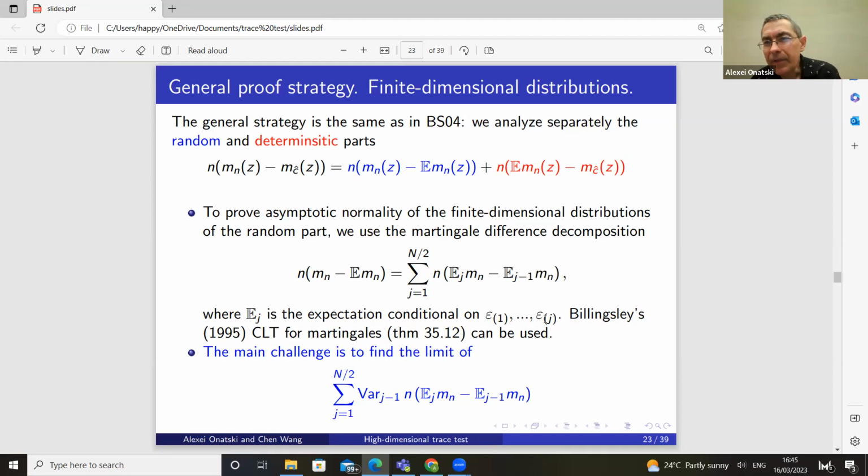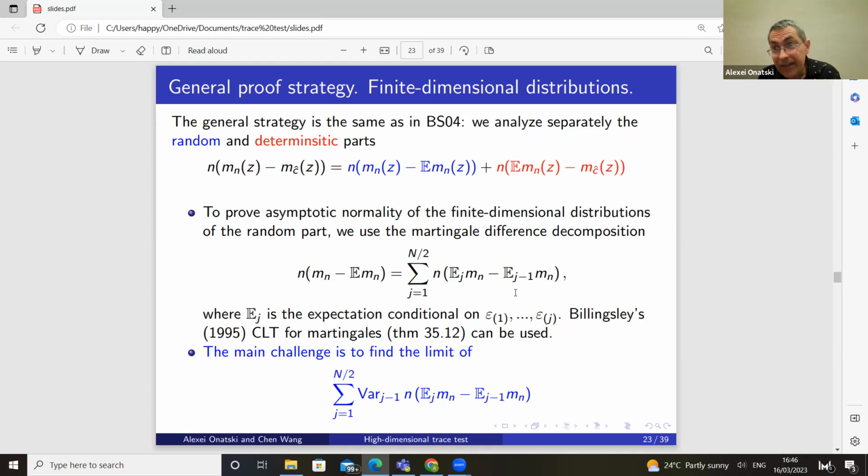Remember, this epsilon 1, epsilon 2 are not quite columns, but rank 2 matrices, two columns. So imagine now that I'm conditioning on epsilon 1, epsilon 2, etc., epsilon j only. Let me call this conditional mean E_j, right? And then I can split this difference between M and its unconditional mean into differences between conditional means with increasing information, right? From j minus 1 to j, from j to j plus 1, etc. This is just algebra.